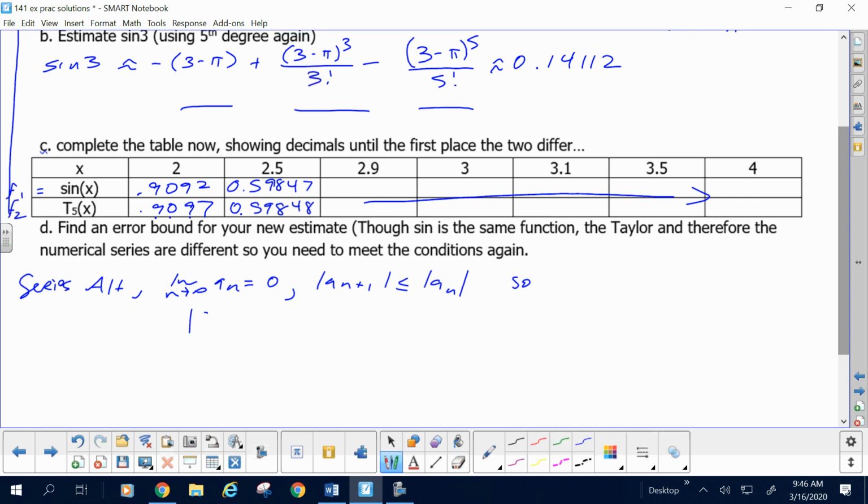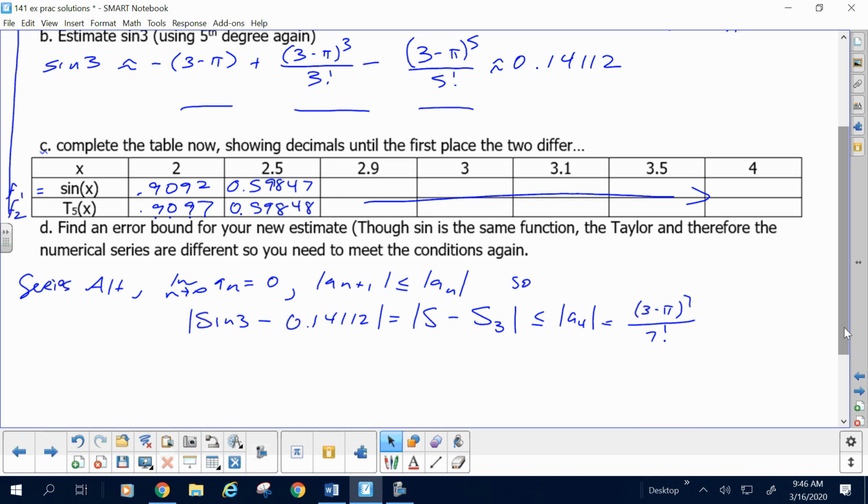So it must be true that the difference between the true value of sine of 3 and my estimate of 0.14112, which I guess I could say is the infinite sum minus my 3-term partial sum, is less than or equal to a4, and that would be (3 minus pi) to the 7th. That's like 0.1 to the 7th power, 10 million-ish, over 7 factorial, even smaller. That's all but no error.